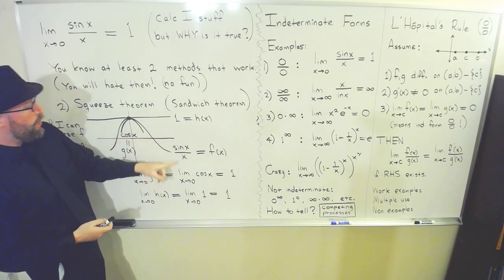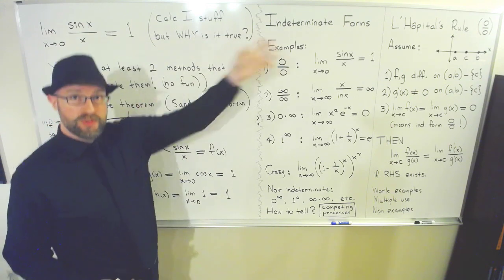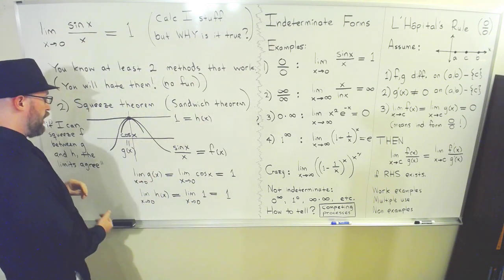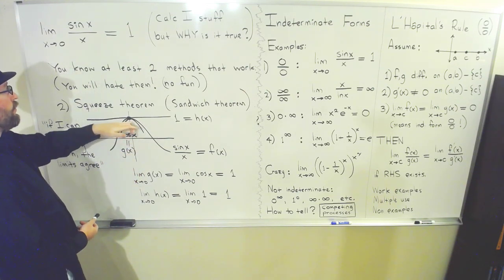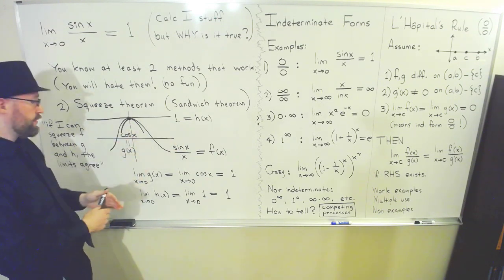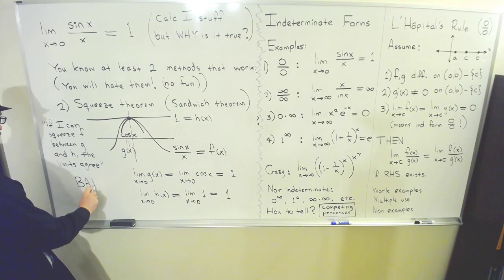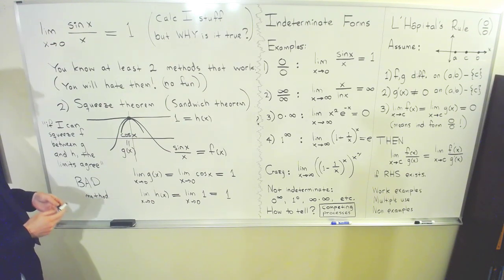You have to be able to tell what I should call my g, what I should call my h. You have to pull something out of thin air in order to solve this. And the other thing is, what if I can't find a good g and a good h that track the f between them? So this is bad as well. This is also a bad method, relatively speaking, because we have a better method.